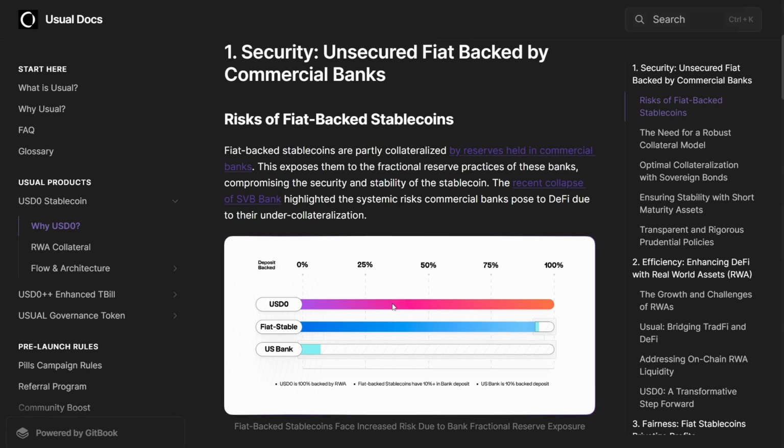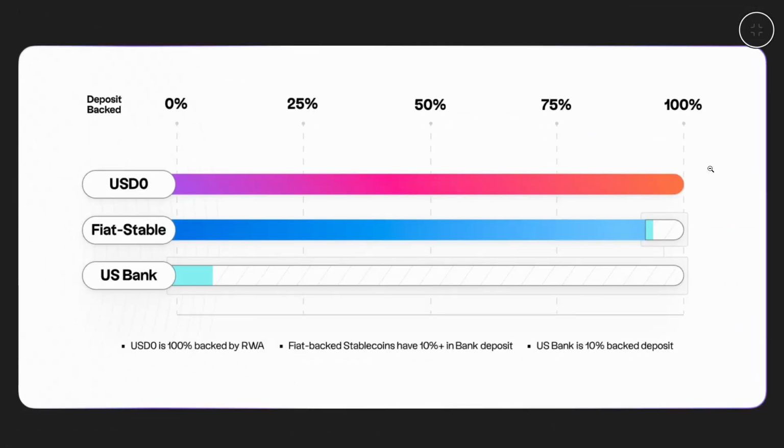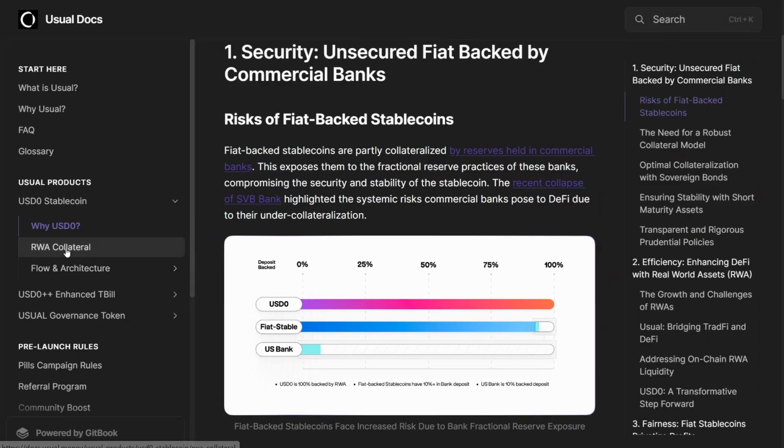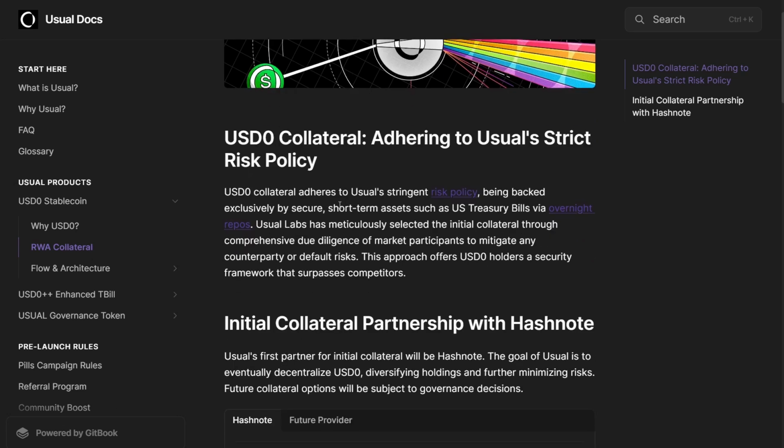They provide an image showing USD0 is fully backed. Fiat stables like USDT and USDC are partly collateralized by reserves in commercial banks, which only have 10% backed deposits. This sounds good. Next, who is that collateral for USD0?